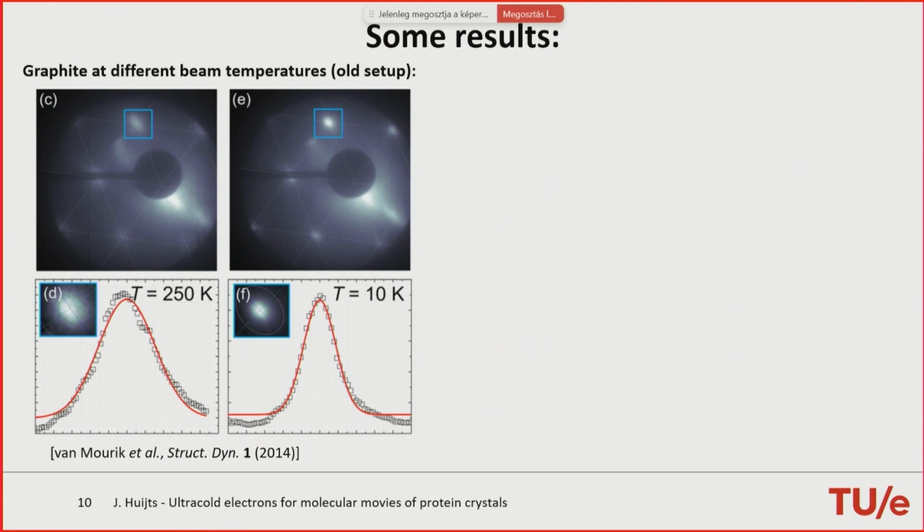Some results that we've obtained in the past, well, this is actually already quite old. This was in 2014 on a previous version of the setup, where they did diffraction on a sheet of graphite.